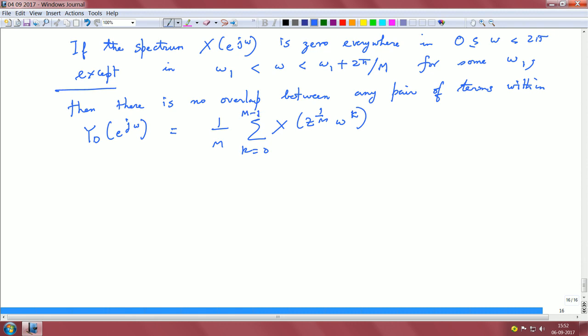So, this clearly indicates that you can reconstruct this signal by expansion followed by filtering, right.